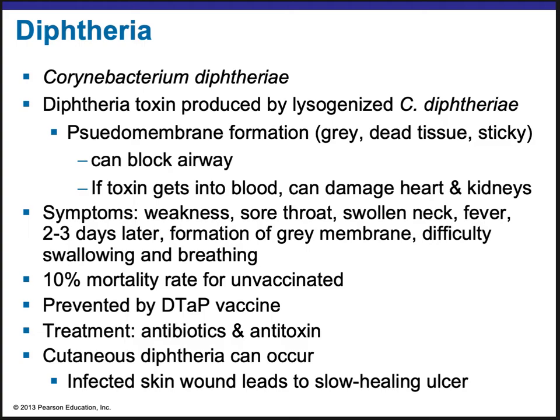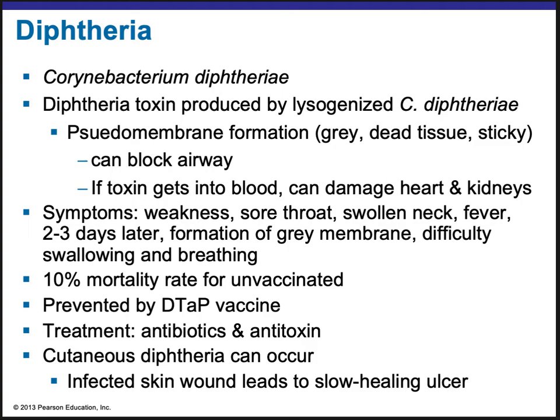DTaP, remember: diphtheria, tetanus, pertussis. We say that there are antibiotics and antitoxin available to treat diphtheria, but that would require getting a diagnosis before the pseudomembrane formation, which is unlikely to happen.